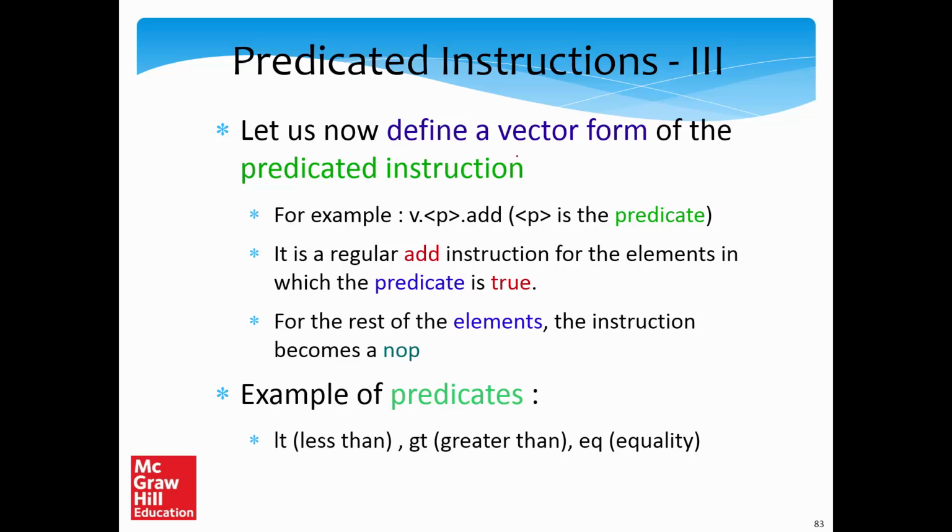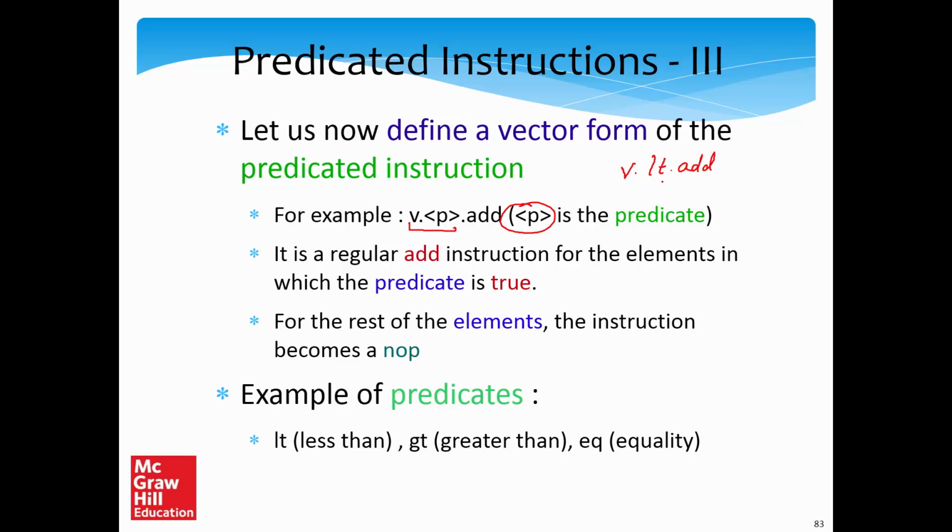So let us now define a vector form of this predicated instruction to do what we have set out to do. Let's create an instruction of the form v.p.add, where p is the predicate. For example, we can say v.lt.add.